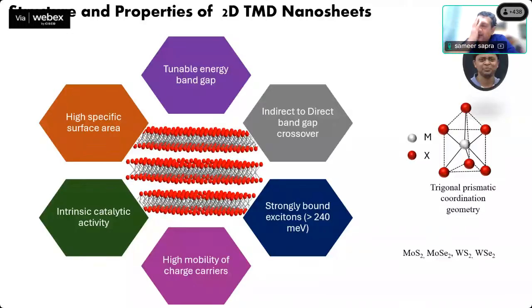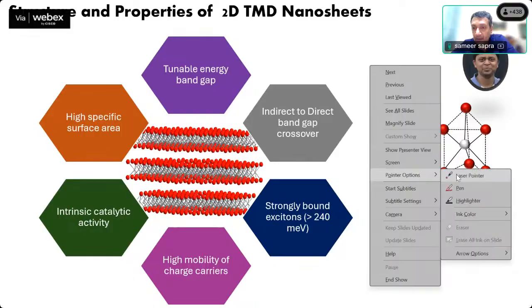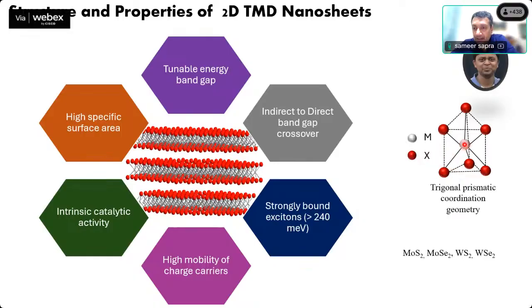In fact, if you look at the structure over here, let me again get the pointer. That's your metal atom, a metal ion in the center, and the red ones are the chalcogens. The way these are arranged is in a trigonal prismatic coordination. So three at the top, three at the bottom, molybdenum in the center.